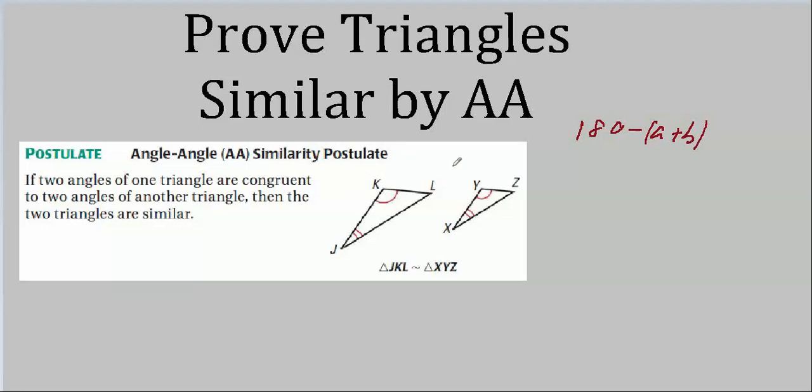That makes it easier for us because you don't have to prove postulates. They're just accepted. So we have another fact we can use now when working problems. And that is, we don't even need to show that all three angles are congruent. We only have to show the two. Because if you've got two, you've automatically got the third one. And if you've got three, you have similar triangles.